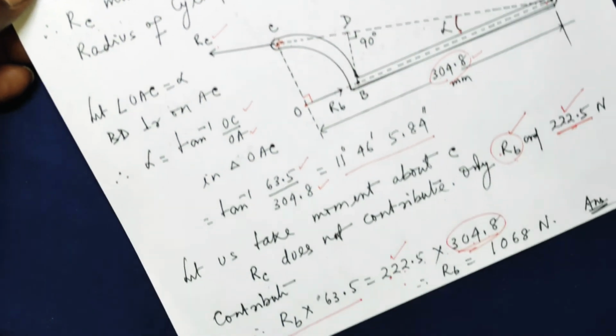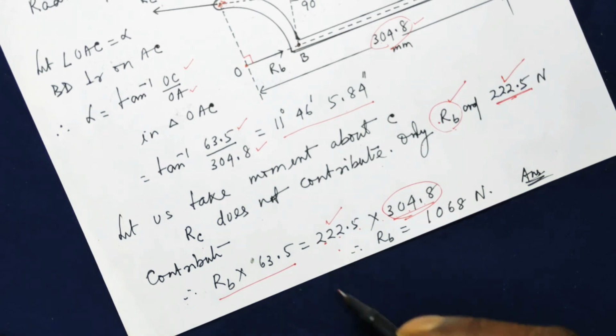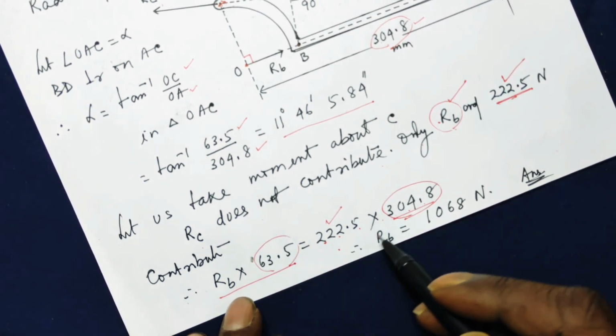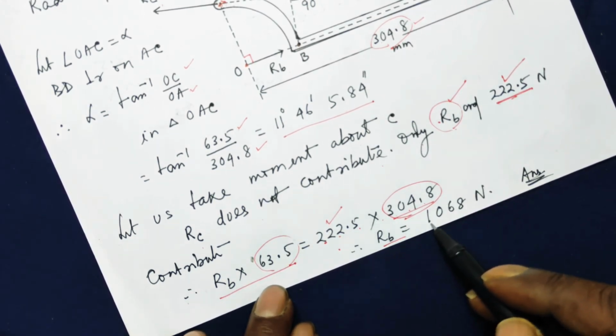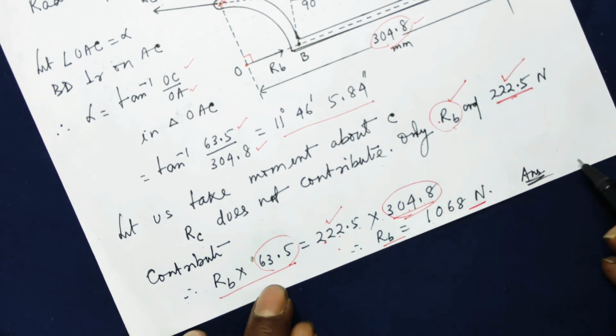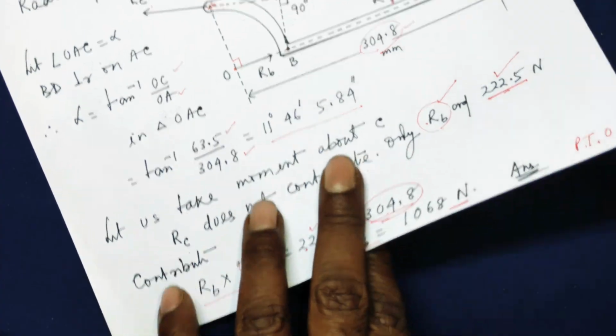So you take 63.5 to the right hand side, so you get RB is equal to 1068 Newton. And the rest are on the next page.